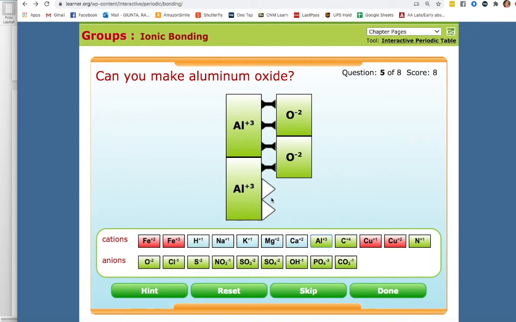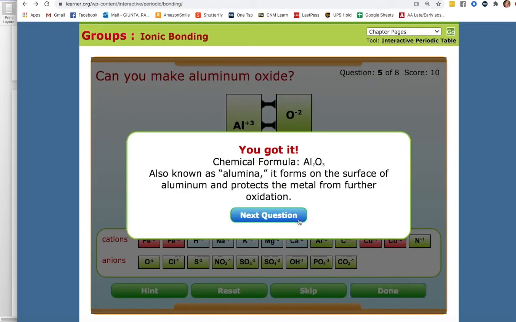So then we've got that, and now we've got just enough for that last oxygen to work. So look at this real quick. We've got 2 aluminums and 3 oxygens, and if we had written this out with the aluminum +3 and the O -2 and then done the crisscross, we would have ended up with Al2O3, and that's exactly what we have here. 2 aluminums and 3 oxygens, and that's what you do to get the charges to balance.